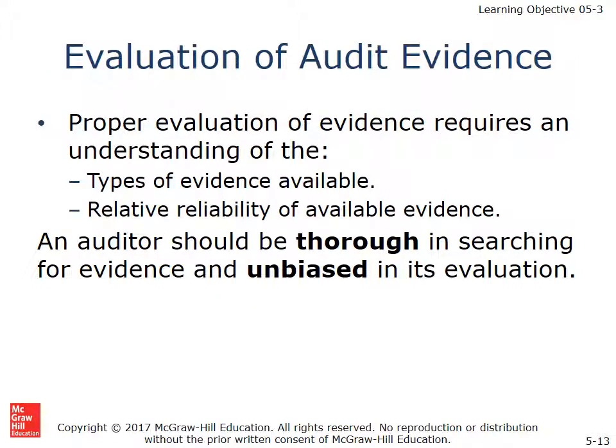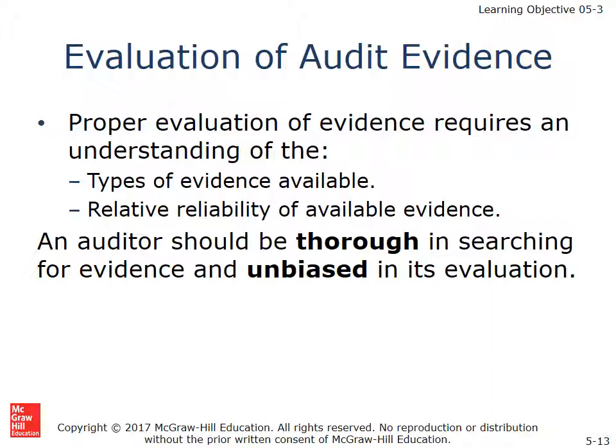Once we collect that, then we evaluate it. Proper evaluation of evidence requires an understanding of what you collected, the types of evidence, and the relative reliability of available evidence. They talk on page 137, and this is important. It's the first paragraph, last sentence.